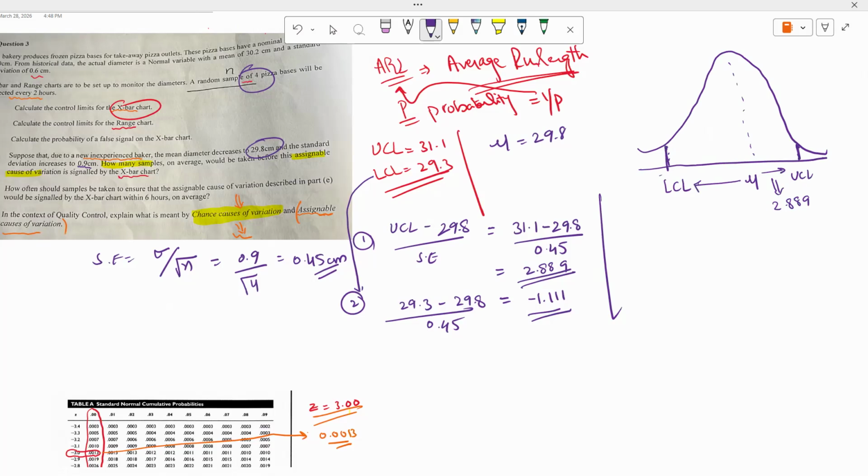And how far your LCL is, it's minus 1.111. This positive 2.889 means that the UCL is to the right of your mean and the LCL is to the left of your mean. So your process will signal out if any mean falls above the UCL or below the LCL. Why below the LCL?